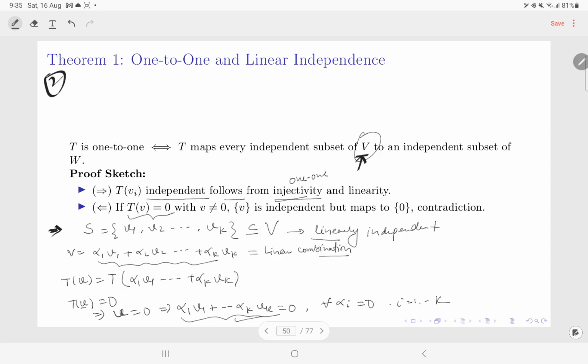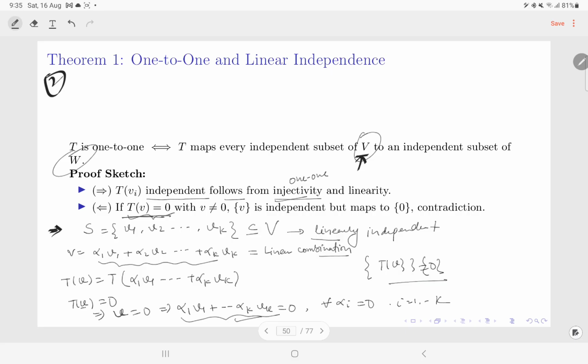Similarly, the second part you can show by contradiction. How can you show that? The transformation T maps every linearly independent subset of V to a linearly independent subset of W. To show that T is 1-1, the set of T(v) equal to 0 has to be the zero set.